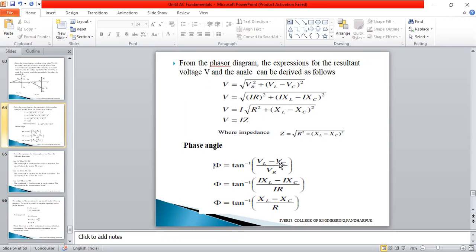You write this formula: V equal to square root of VR square plus VL minus VC whole square. Write the complete equation.